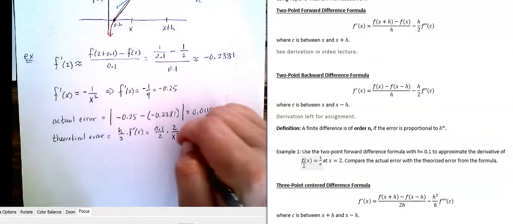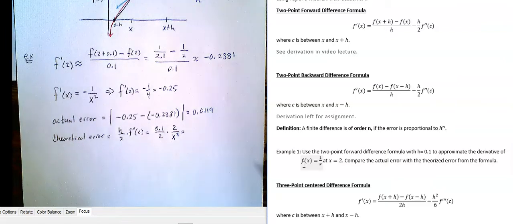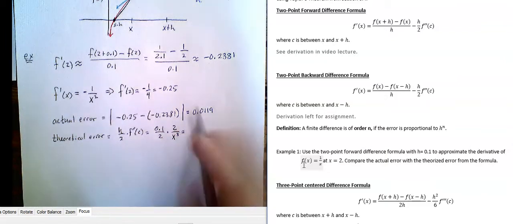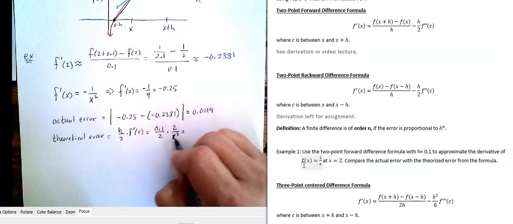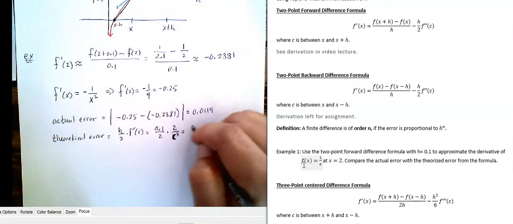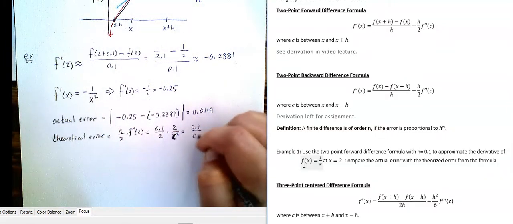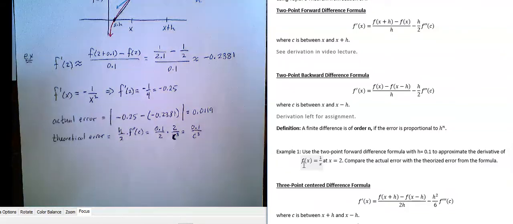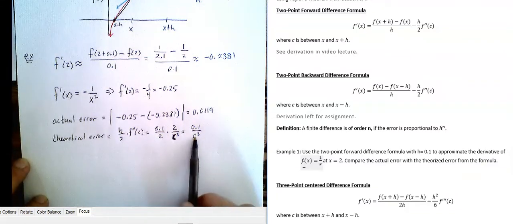Okay. So 2 over c cubed, that is. This is f double prime at c. So we get 0.1 over c cubed. So it just depends on the value of c, but we know that c is in between 2 and 2.1.